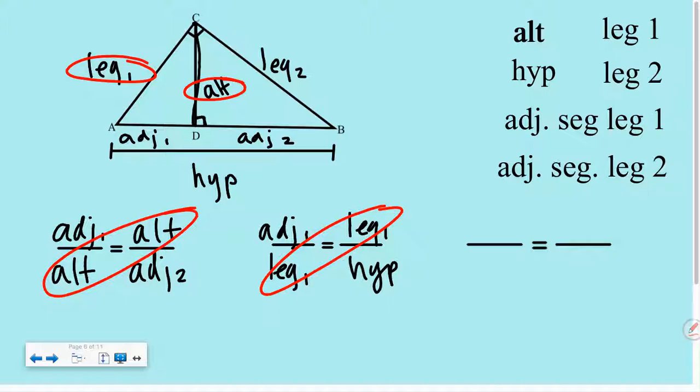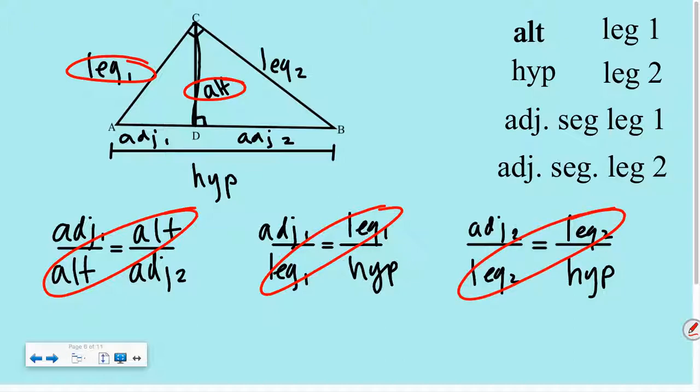So if I gave you the leg value, you'd have to put the same number in both spots. Cool. Jackson, what's that third rule say? Adjacent leg 2 over leg 2 is equal to leg 2 over hypotenuse. Excellent. The second and third rules are pretty much the same. It's just that one uses leg 1 and adjacent 1, and the other one uses leg 2 and adjacent 2. But your leg is still the geometric mean.